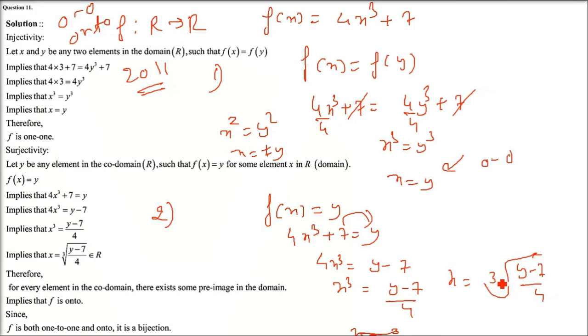Because it is a cube root, there is no problem. I told you that for all real numbers it is known and it has a valid value. So this is onto also. For every y there will be an x. So for every y there will be a pre-image which is x.